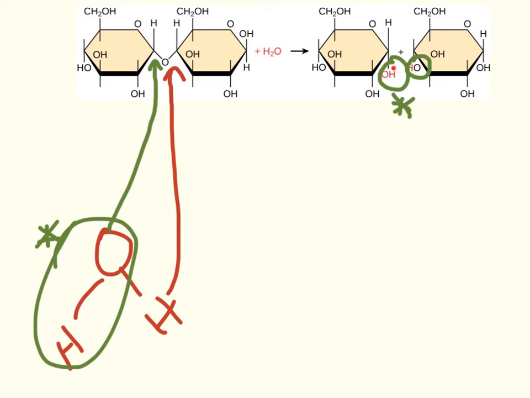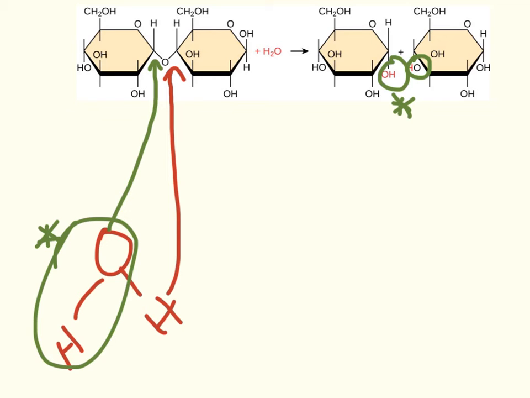You'll notice the color coding. These two are red, this is red, these two are red, and this hydrogen is red. The oxygen is black because it was here originally and it's still here. All right, so every oxygen has 2 bonds, every carbon has 4, every hydrogen has 1.